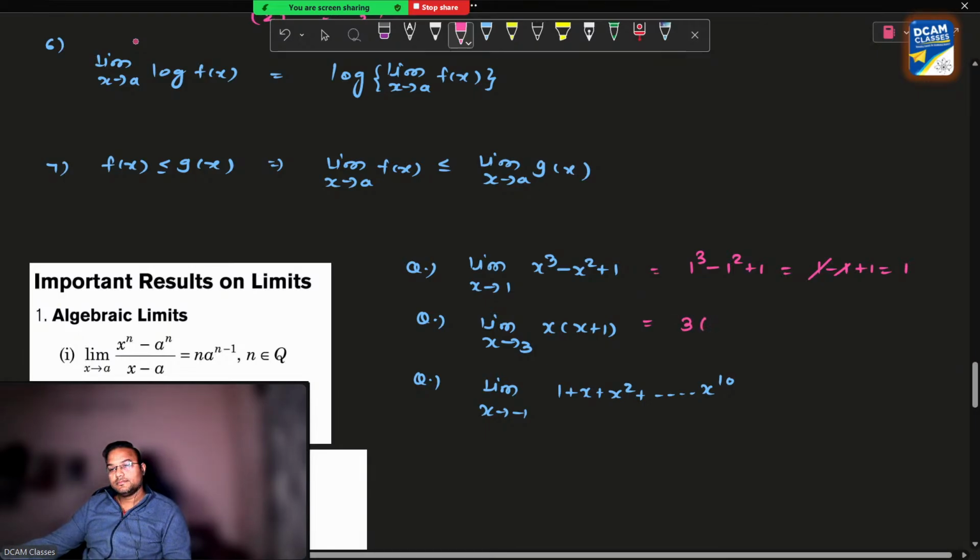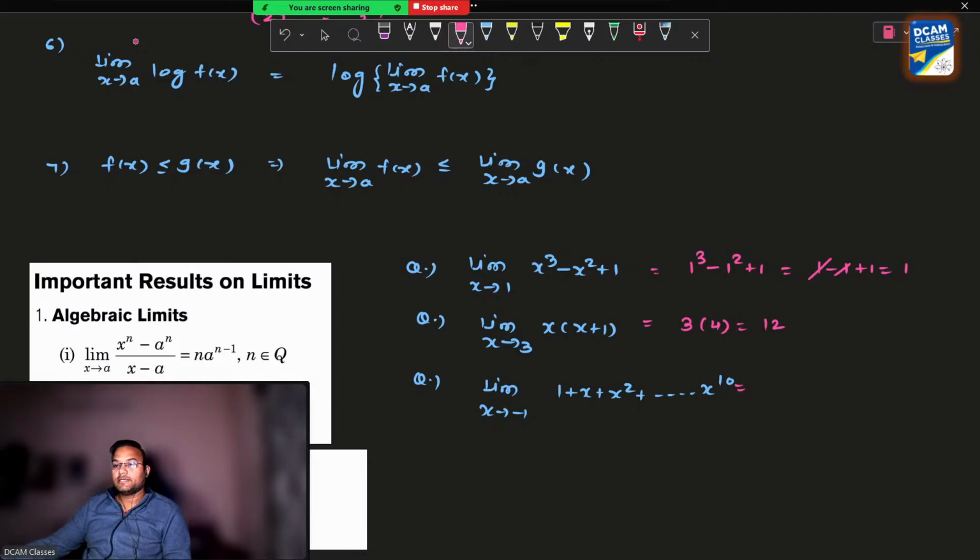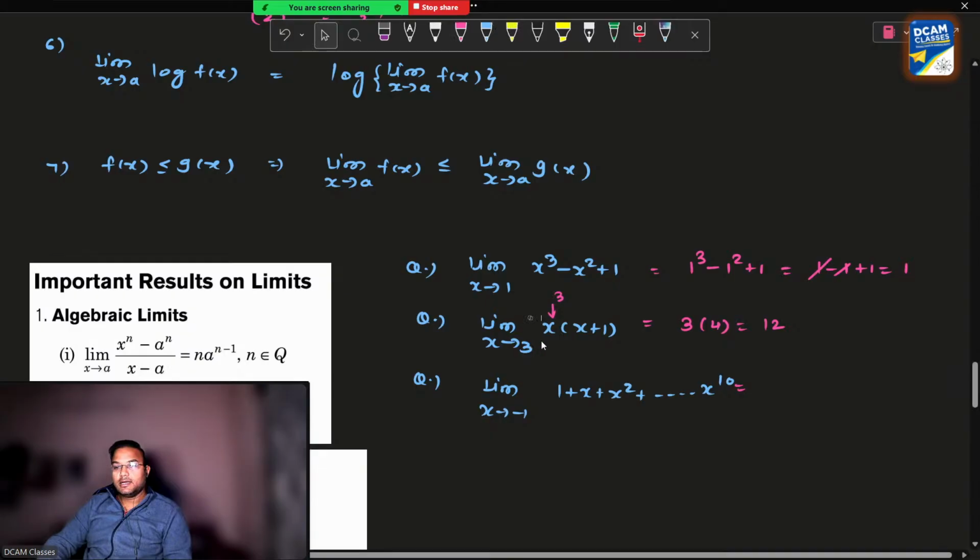Okay. For the second one, the answer is 10. No, 3 into 3 plus 1, 3 into 4, 12. One more x is there, x into x plus 1. So for x we have to put the value 3, the other is 3 plus 1, 4.